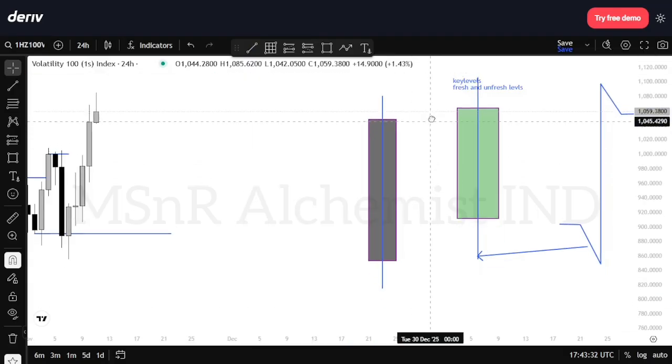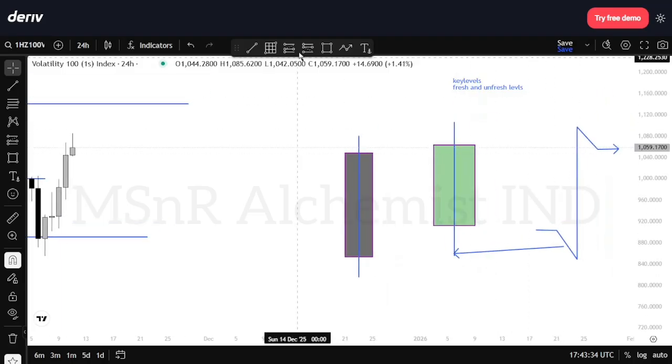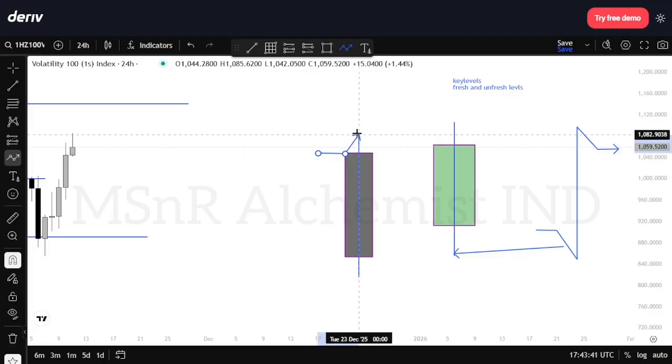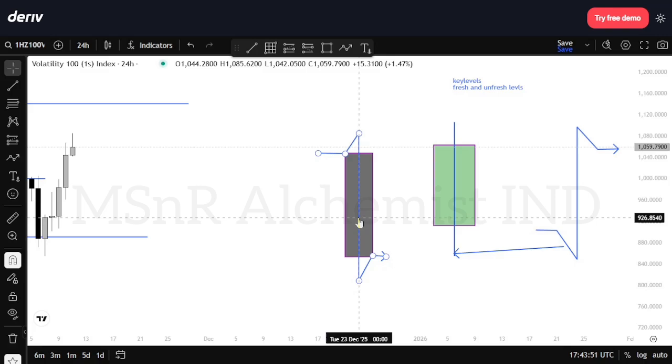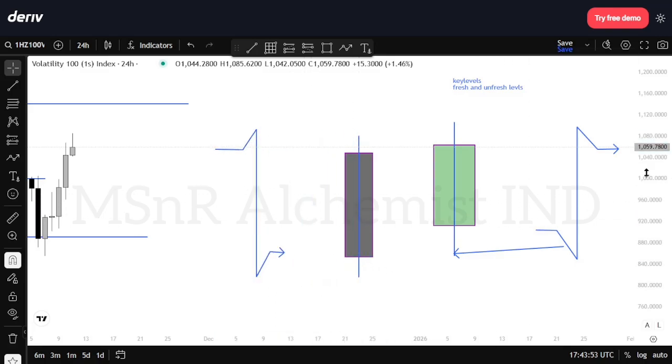The selling candle will open here, make a high, then make a low, then close here like this. So the formation is like this.